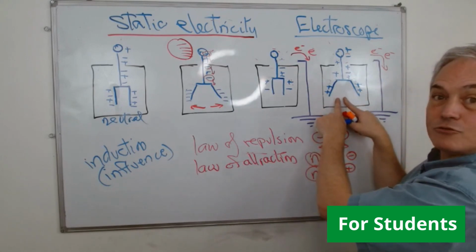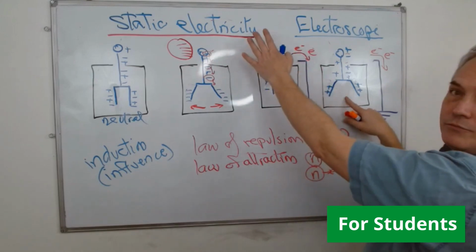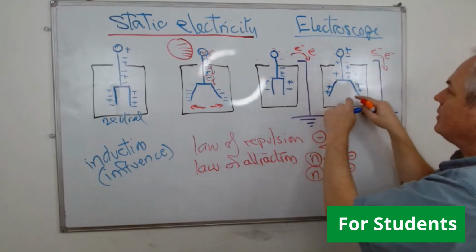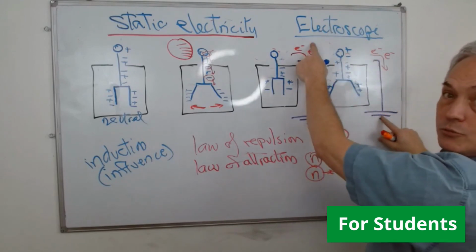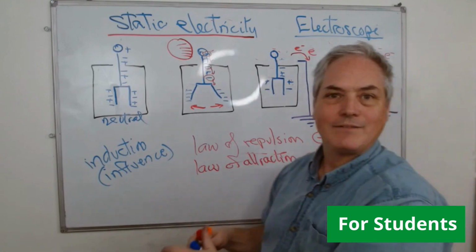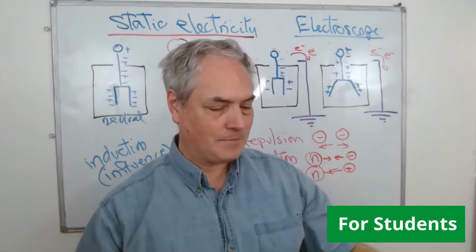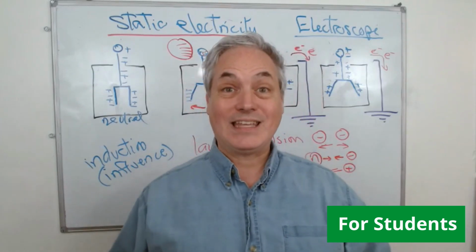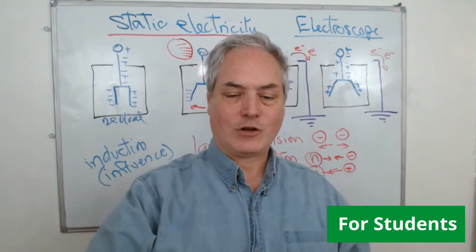Why would it be electrically charged? Because we influenced the electrons with the balloon to go out of the electroscope. So when there's no longer influence of the balloon and we don't have a ground anymore, we should have a positively charged electroscope. Now the goal is to see, will this work? Let's give it a try.